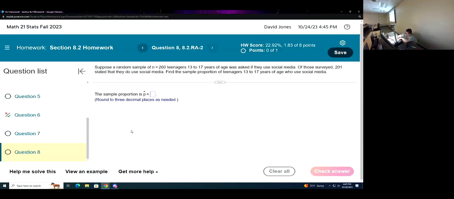They describe the population is 13 to 17-year-old teenagers, and they were asked about social media. Of those, 201 did not use social media. Find the sample proportion of teenagers who use social media.